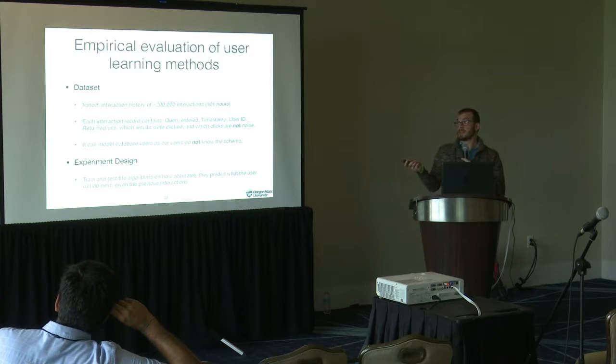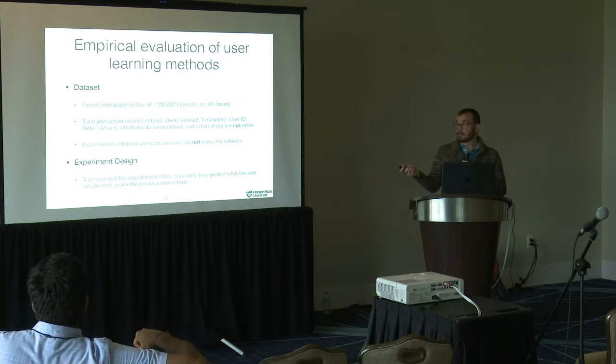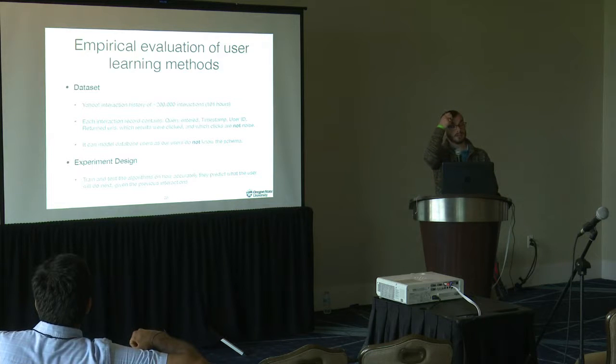So this is the setup for the experiment that we performed. We have a Yahoo interaction history of approximately 200,000 interactions for the results that I'm going to be showing you, which is about 101 hours. Each interaction contains some information that we use: what query the user entered, a timestamp, a user ID associated with them, the URLs that were returned, and which ones were clicked.